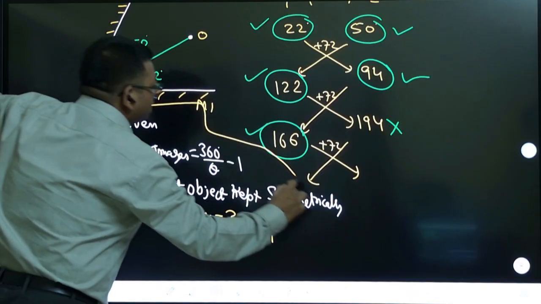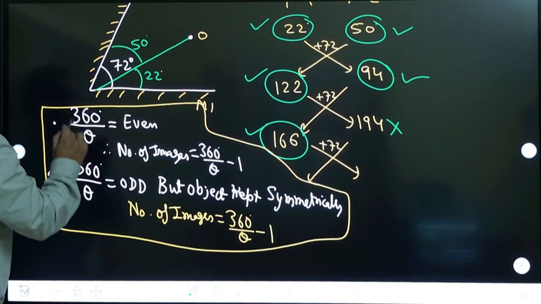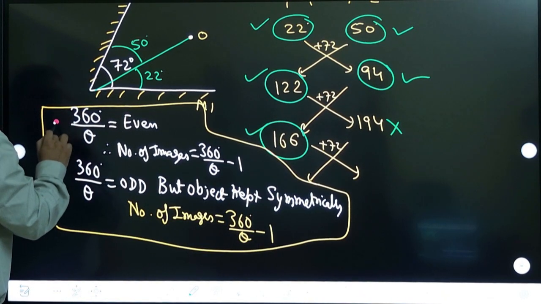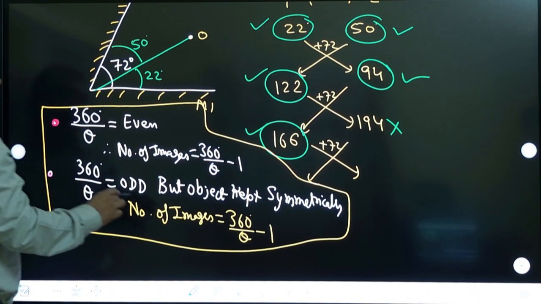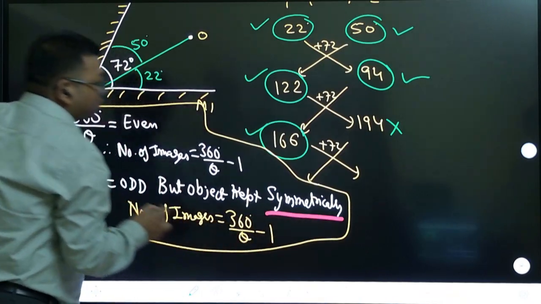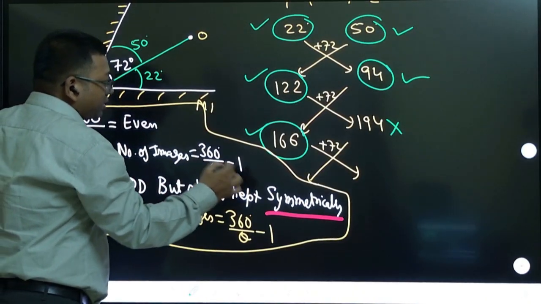Symmetricity happens because of two reasons. One is that 360 by theta is even, and another is that although 360 by theta is odd, the object is kept symmetric. So due to symmetricity, the formula is only the same, 360 by theta minus 1.